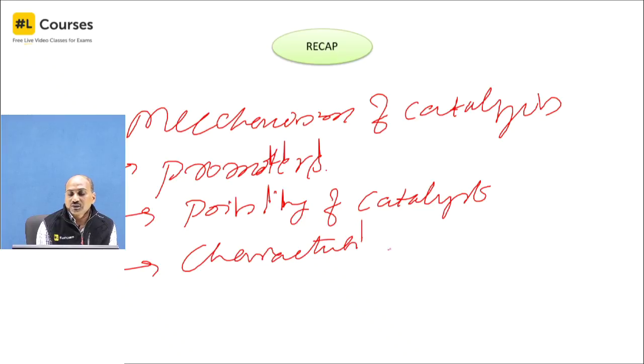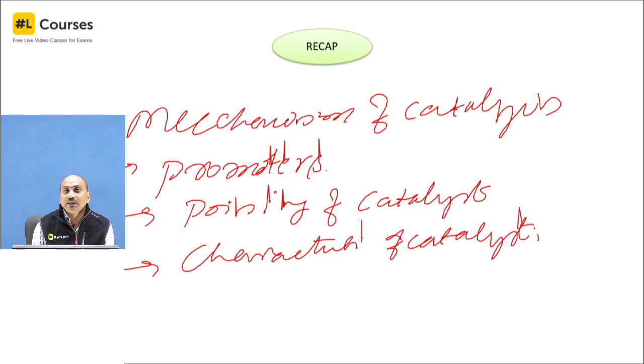We discussed several characteristics of the catalyst, because we have so many chemical substances in nature, but we cannot consider all the substances as catalysts. So that's why we have chosen certain characteristics. The first and foremost is that it should exhibit variable oxidation states, it should have active centers, and it should possess a large surface area.